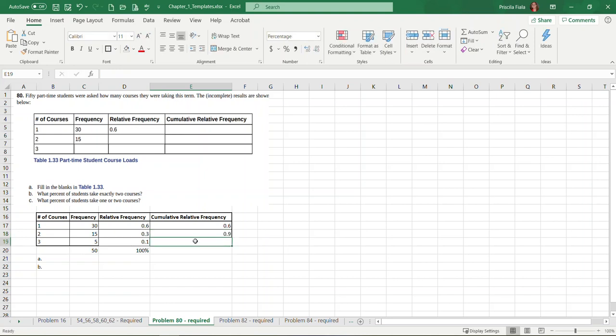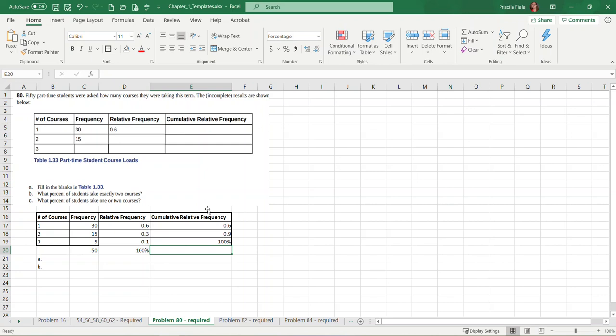And then the last one: let's do equals 0.9 plus 0.1. There it is. So the last row of the cumulative frequency always adds up to 100% as well.